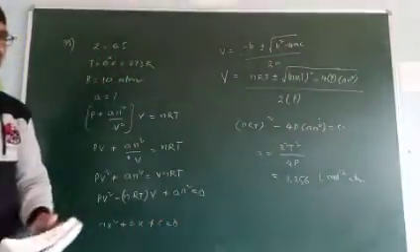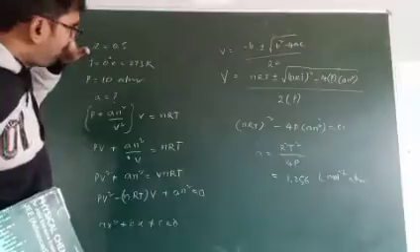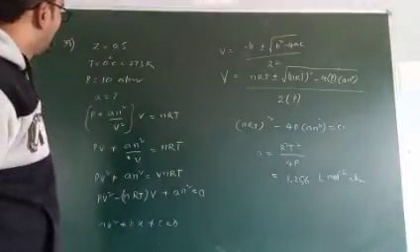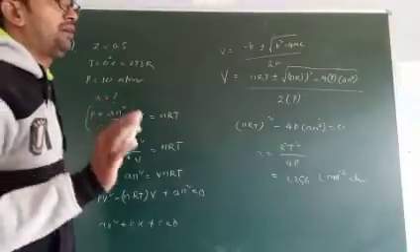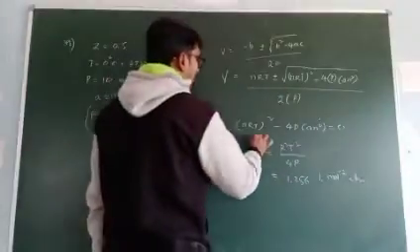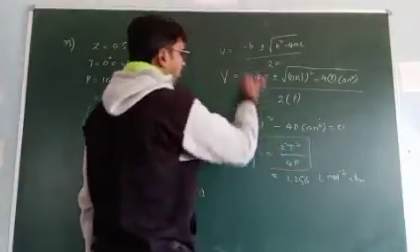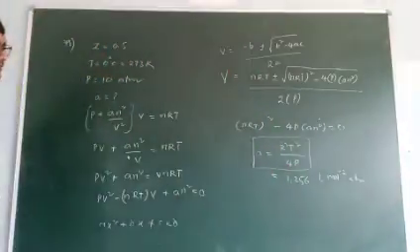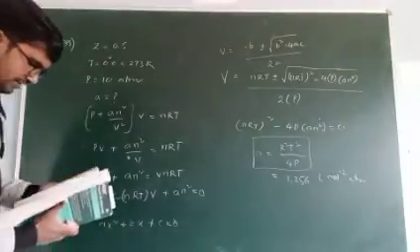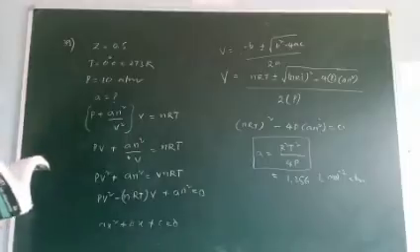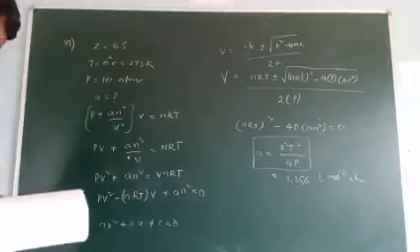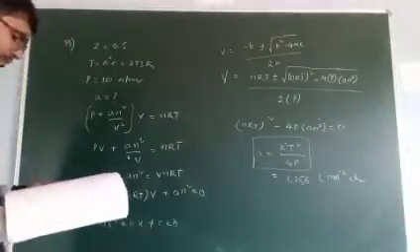Simply remember all of you, for this type of problem, if the volume of the gas molecules is negligible, this is the direct formula to calculate the a value: a is equal to R²T² by 4P. The same one is used in the following problems also, so you have to apply that.